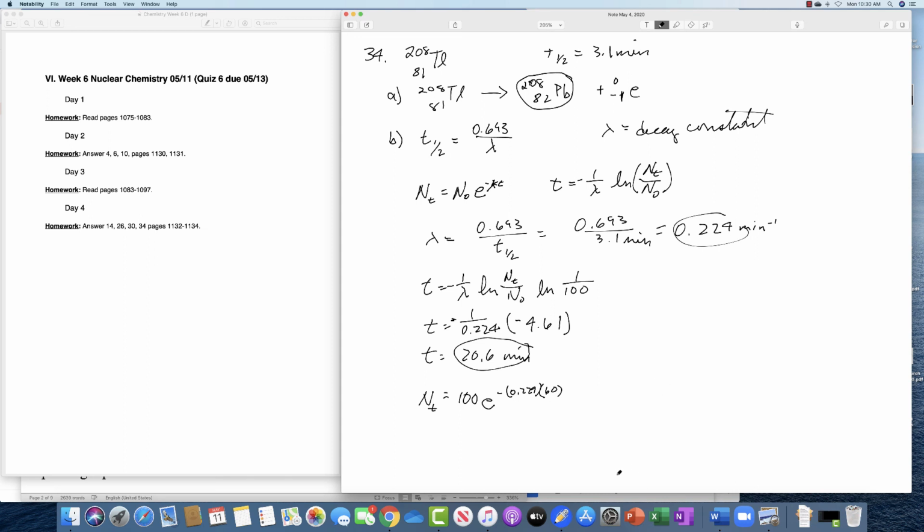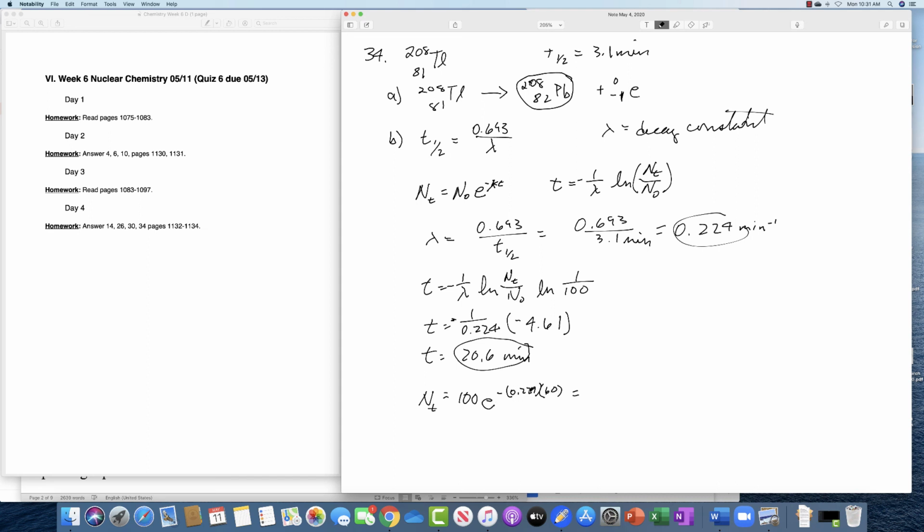Let's see what that comes out to. Let's start out with 60 times 0.224. Now on your calculator there should be an e to the x. And x here is minus 13.44, that multiplication you just did. If you multiply these two together, you get a minus 13 and change.